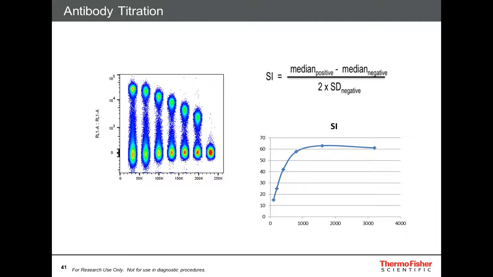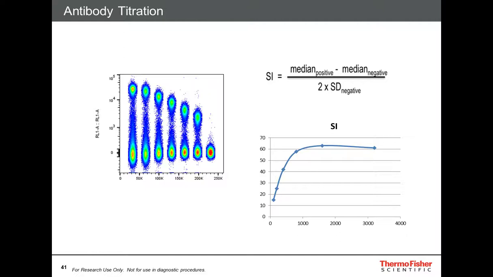This is a titration that was done by one of our scientists. It looks at serial dilutions of a 1 to 2 concentration of antibody, and then the graphing of the stain index. So this is where there's a lot of mythology about antibody concentration. So here's the graph of the stain index that you can see.